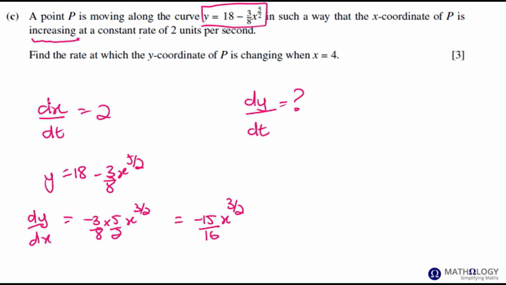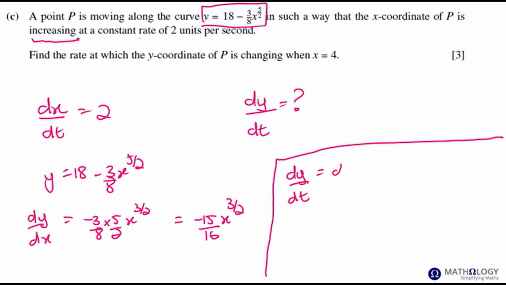We now need to relate dy/dx to dx/dt and dy/dt. So we're going to set up an equation: dy/dt is dy/dx times dx/dt, which equals minus 15/16 x to the 3/2 times dx/dt, which is 2.